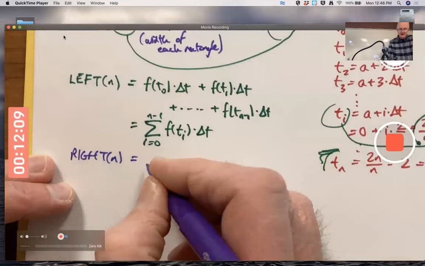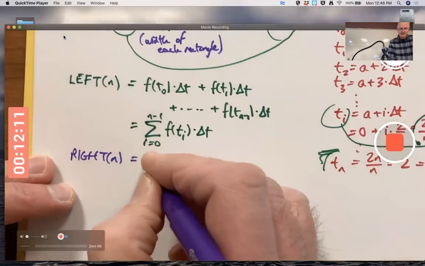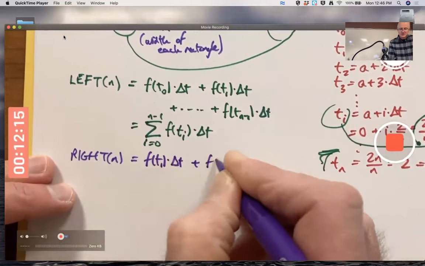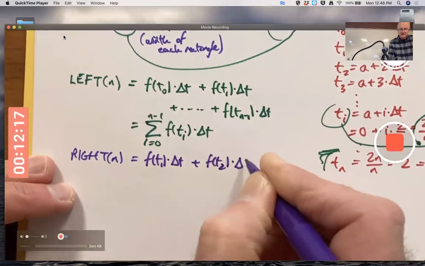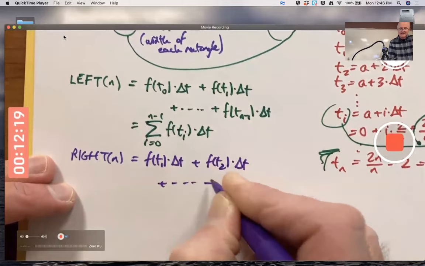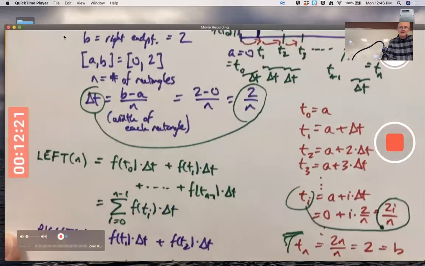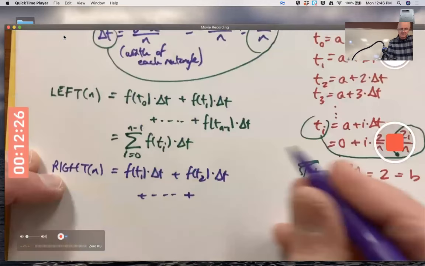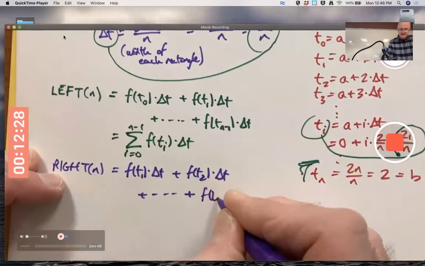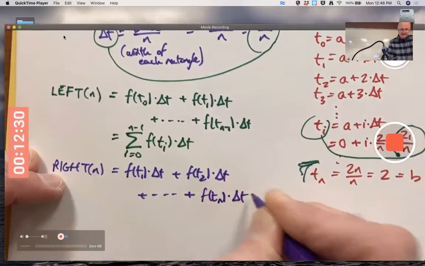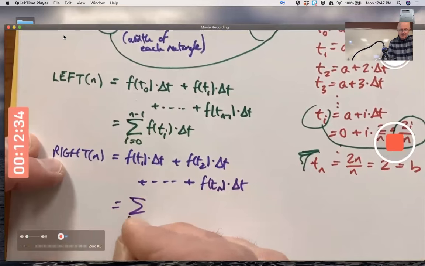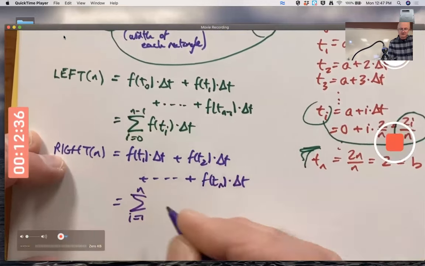So my first area, instead of f of t0 times delta t, is f of t1 times delta t. Then f of t2 times delta t, etc. With a right-hand sum, the last endpoint you use is actually tn instead of t n minus 1: f of tn times delta t. It's very similar. With summation notation, you now let i go from 1 to n instead of 0 to n minus 1.